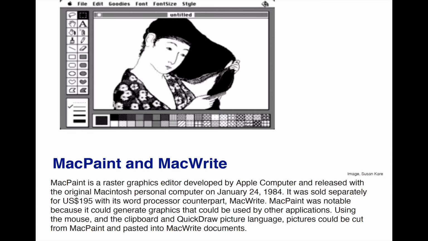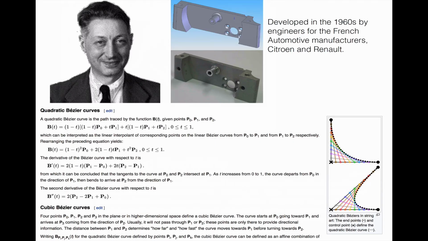What happened next was another unintended consequence of technology development. A French engineer named Pierre Bézier, and there he is, had developed in the 1960s a vector technology to describe curves and shapes perfectly. His intention was to make it easier to engineer automobiles.